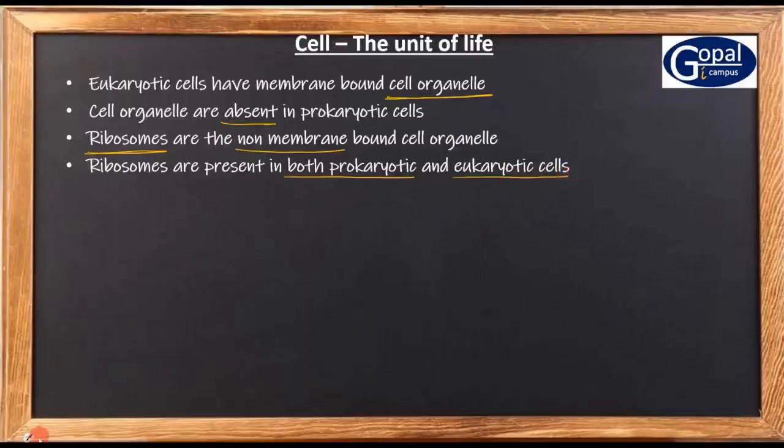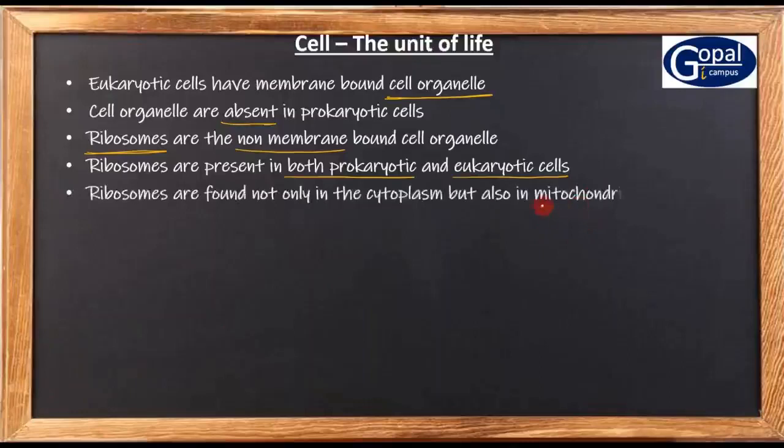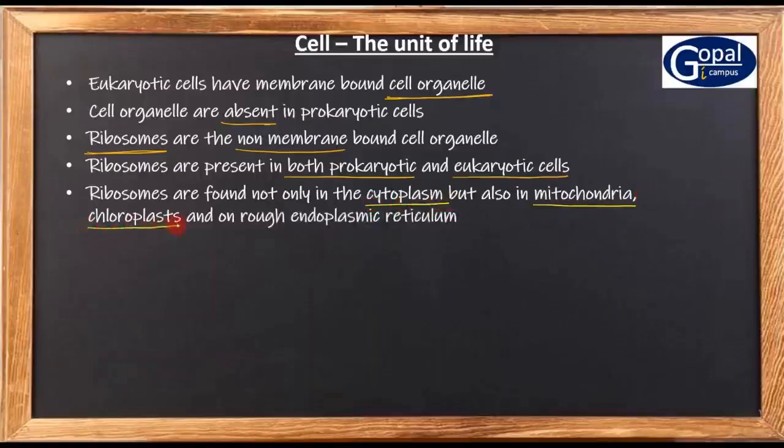Right? Ribosomes are found not only in the cytoplasm, they are present in mitochondria, in the chloroplast, and on the rough endoplasmic reticulum.